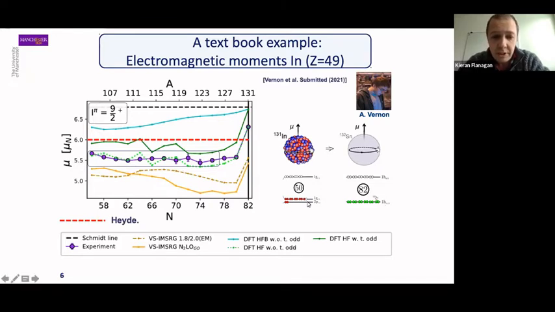One of the things which I just want to point out is the DFT calculations here, which reproduce the magnetic moment at the shell closure really well, without invoking any quenching. This arises naturally from the DFT calculations, which again is, in my opinion, quite an impressive result. But I'm just using that as a scene setter.